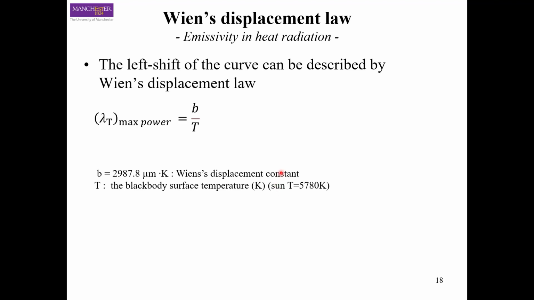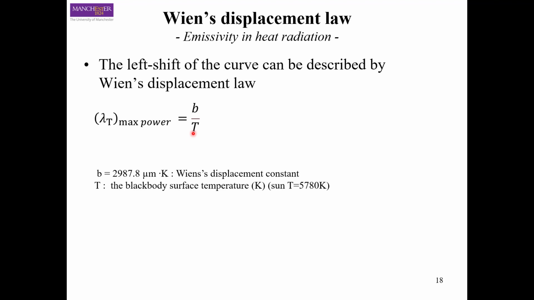This left shift of the curve can be explained with Wien's law, which gives us lambda max, the wavelength where Eb would be maximum, equal to B over T. B is Wien's constant, so the value of B will not change. The only thing controlling the wavelength at which the energy will be maximum is the temperature of the surface.